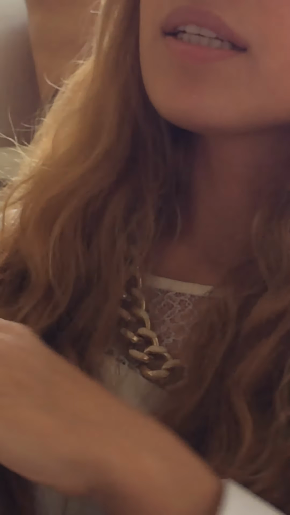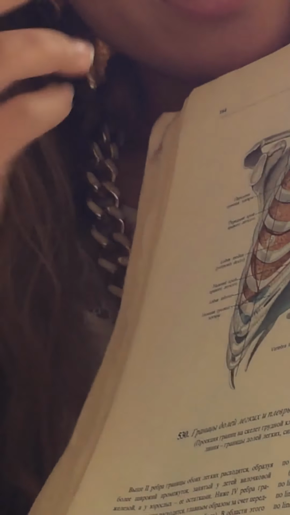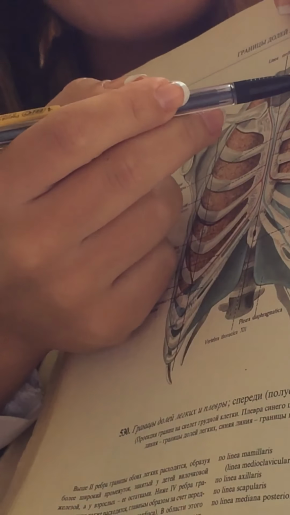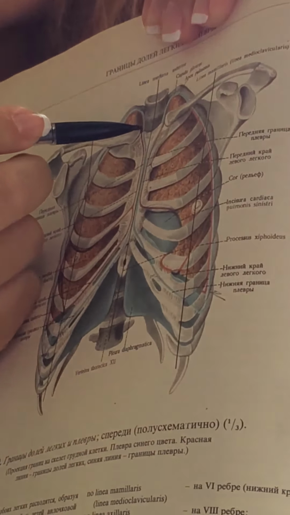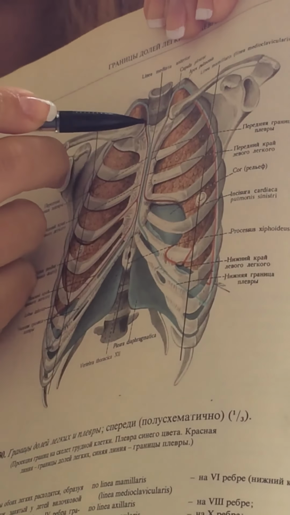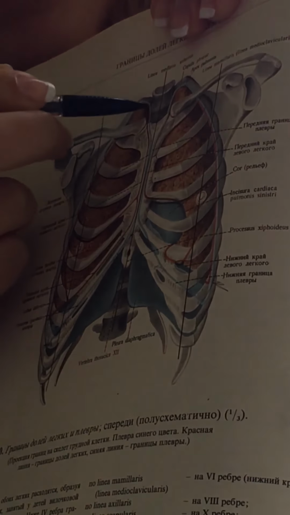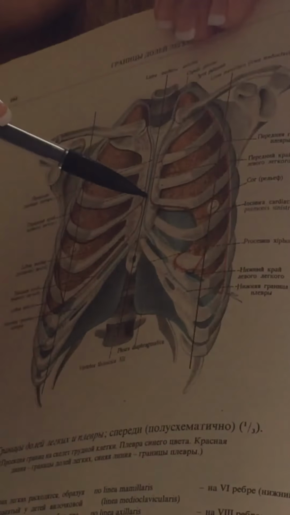So we are discussing the borders of the lungs relative to these lines. First of all, the apex of the lungs is located 2 to 4 centimeters above the clavicle. After that, the lungs descend to the sternal line.